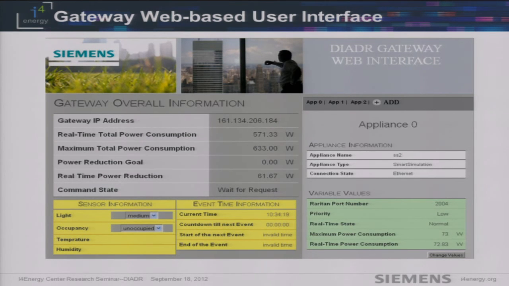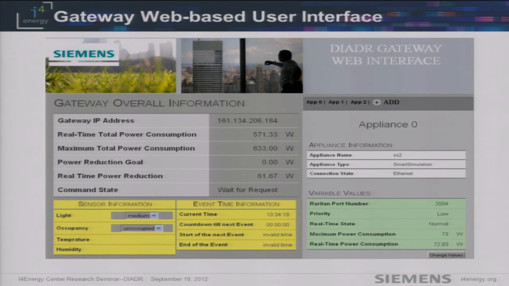From the left-hand side, you can see the overall information of the gateway: the total power reduction, the total power consumption, and if there is any reduction goal sent by the SEB, it would show in the power reduction goal. Also in the left bottom corner, you could see the sensor information collected from the sensors in the room, and the yellow block in the middle would reflect the event time information.